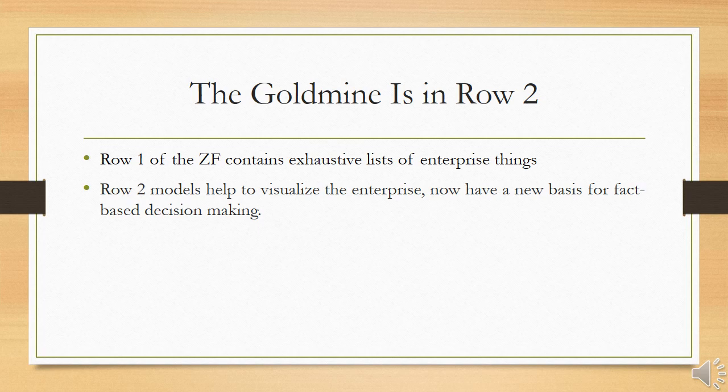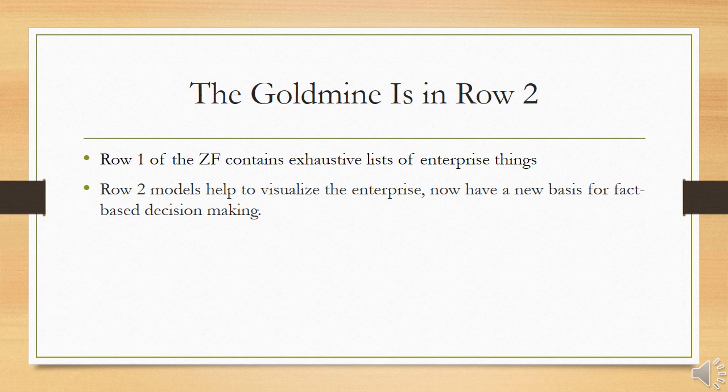The gold mine is in row 2. Row 1 of the Zachman Framework contains exhaustive lists of enterprise things, which are not inherently useful by themselves, but when they are turned into hierarchies in row 2, you can visualize your enterprise and navigate to the clusters of commonality.